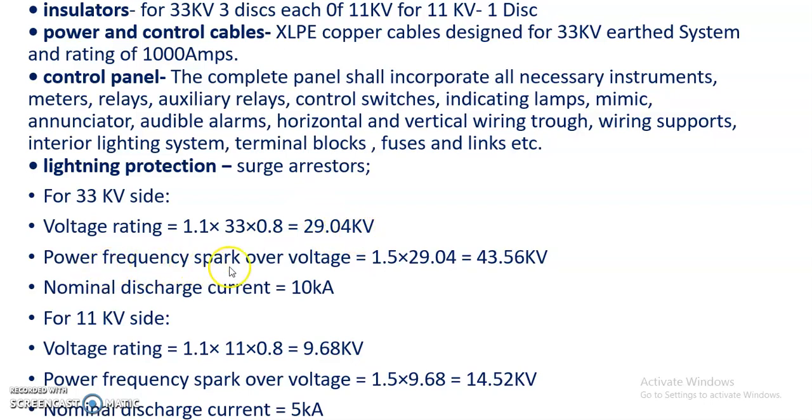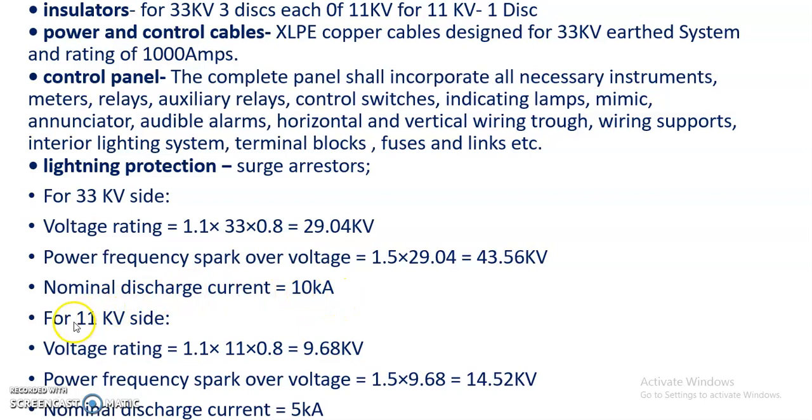Then power frequency spark over voltage we can calculate, which is 1.5 times the voltage rating. So we simply multiply 29.04 by 1.5 and we get 43.56 kV, that is the power frequency spark over voltage. Then in case of 33 kV, the nominal discharge current is 10 kiloampere.